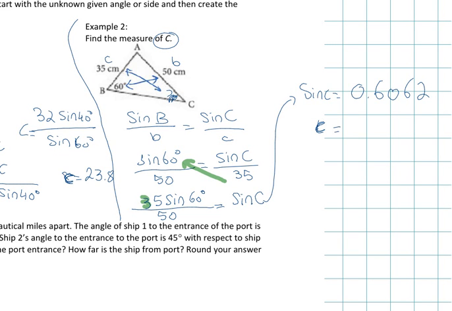So you're going to have to do sine inverse. And then it should be the nearest degree, so that's going to be 37 degrees. Is that what you guys got?